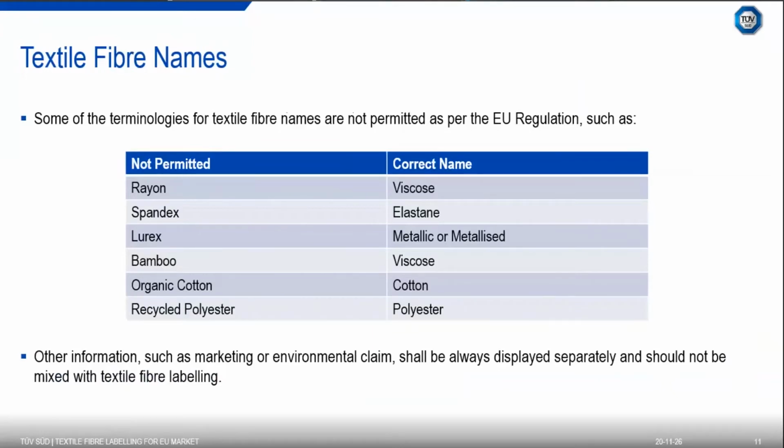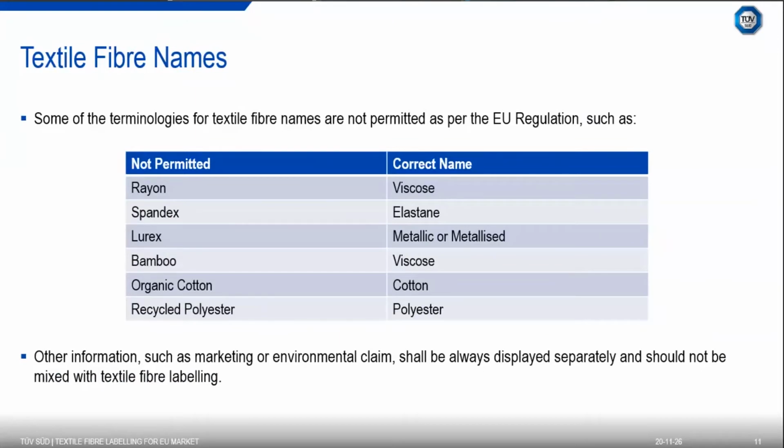Basically, the fiber generated from bamboo is regenerated, and that is viscose. So viscose is the right terminology that has to be used on the textile fiber labeling. But if someone wants to advertise that the viscose is generated from bamboo, this kind of information has to be given separately, and it shall not be mixed with the textile fiber name in the textile fiber labeling.